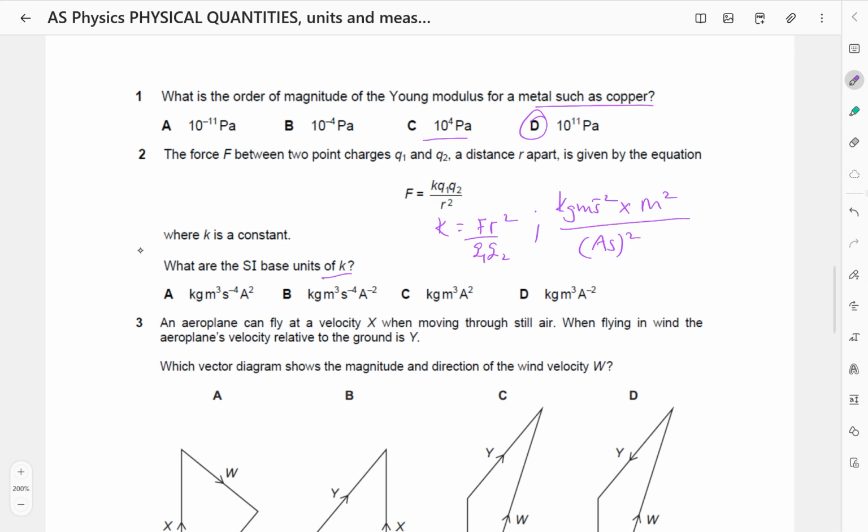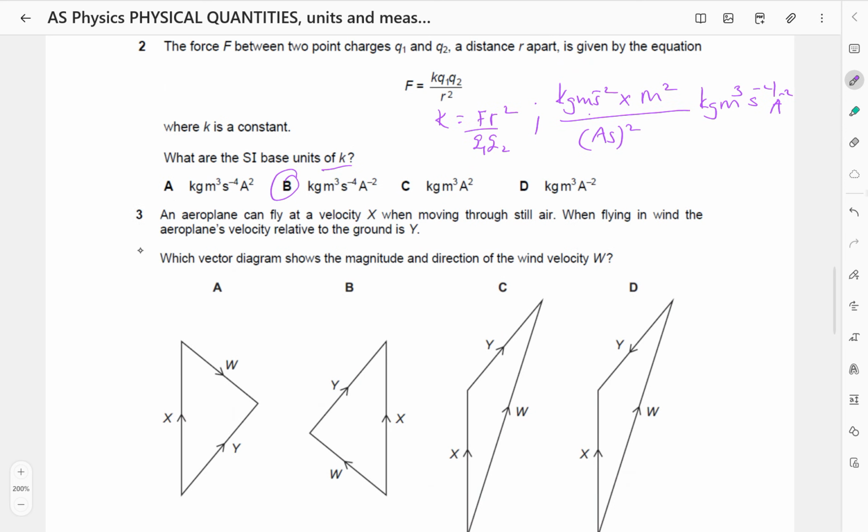So when we simplify this, we have kilogram, meters and meters squared becomes meters cubed. Then s power negative 2 divided by s squared, it becomes s power negative 4. Then 1 over A squared becomes A power negative 2. Meaning that our answer is going to be B.